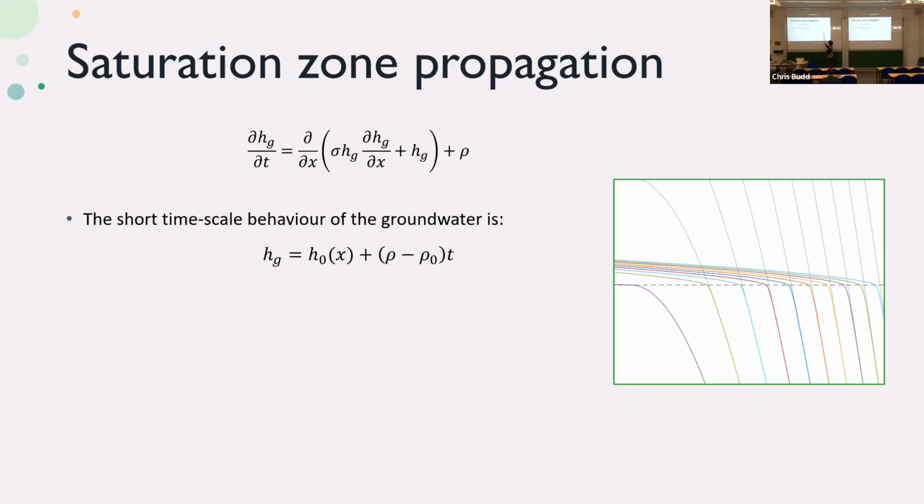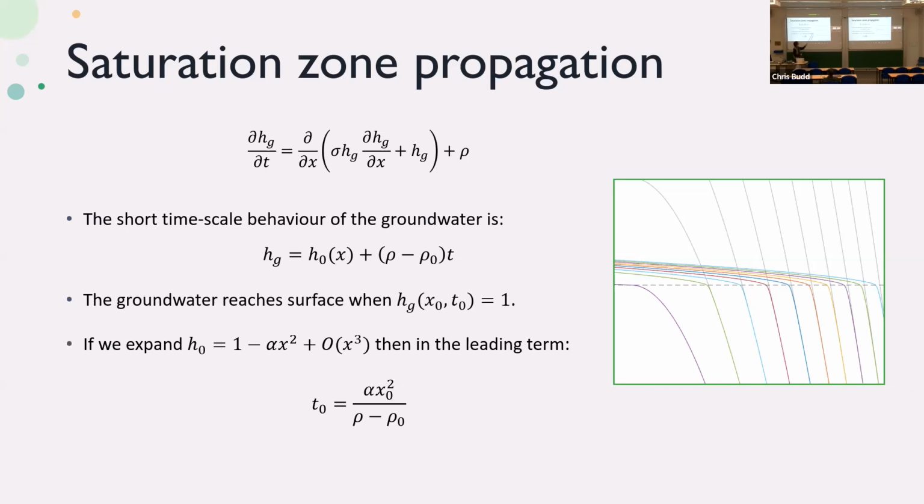As it goes upwards, we can find the cross section of this solution with the value h equal to 1, the groundwater height equal to 1, which will give us some estimate of the location of the interface between the unsaturated zone and saturated zone. We do this rigorously, so we investigate some boundary effects here, but the general idea is as I explained.